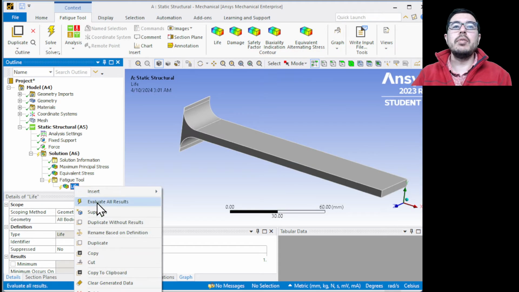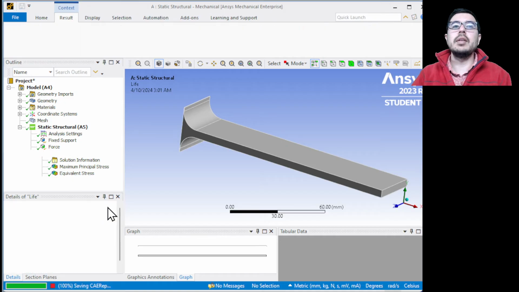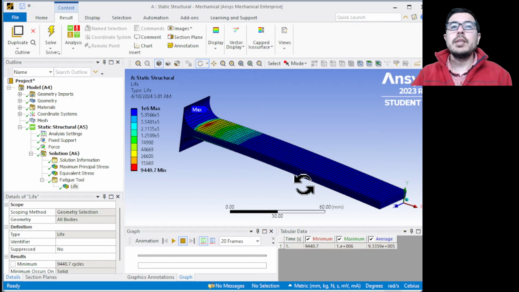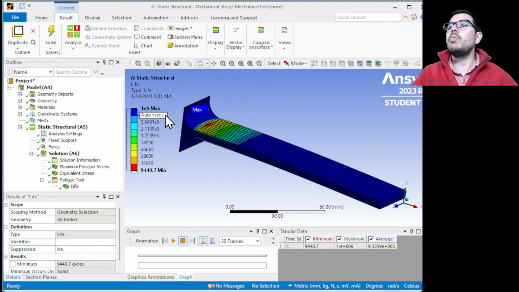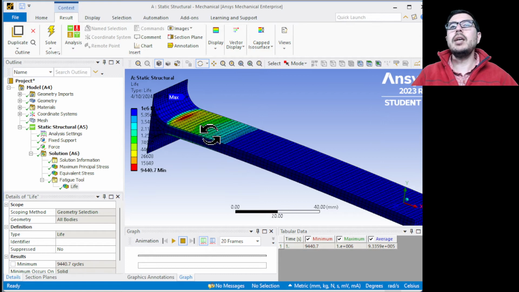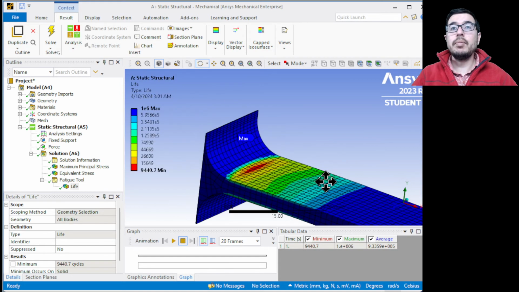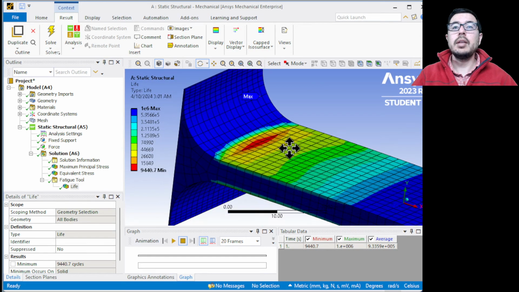We're going to hit evaluate here, and we're going to see this nice little plot. So what does this mean? Well, it means that out here where the stresses are fairly low, we have essentially infinite life, 1 million cycles, the dark blue. But then as we zoom in to this region near the base, or near the fixed support, what do we see?